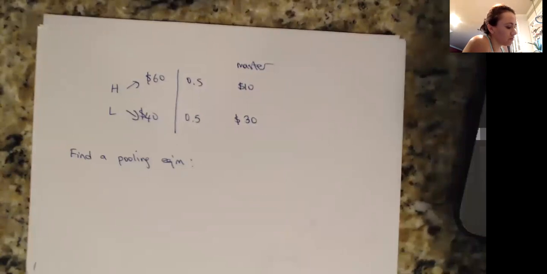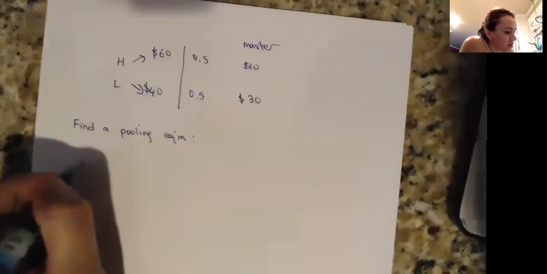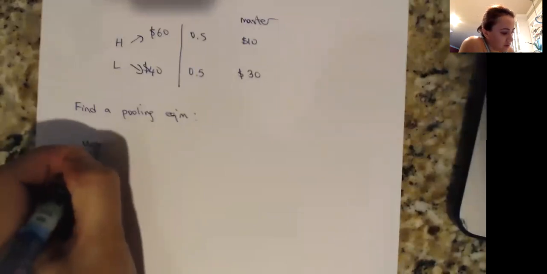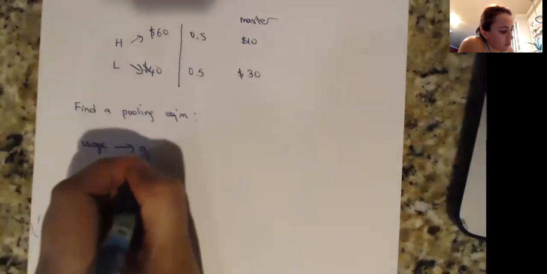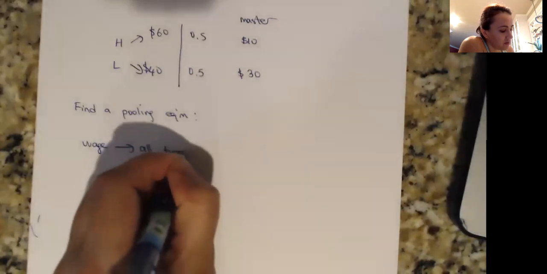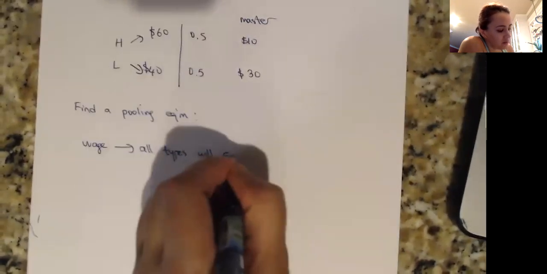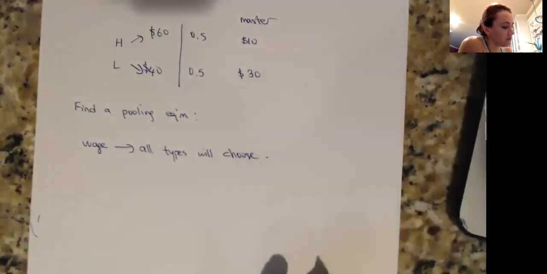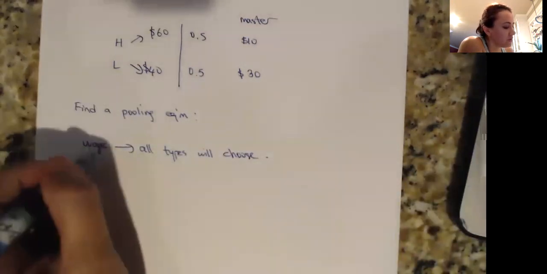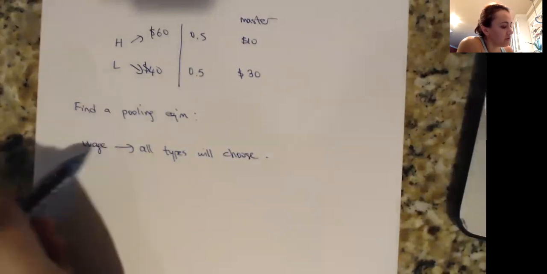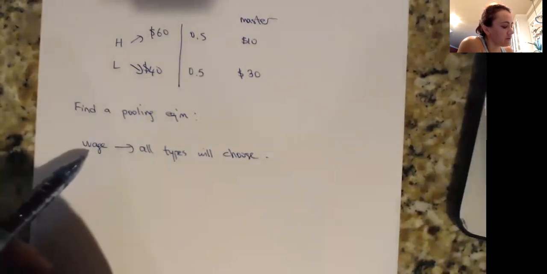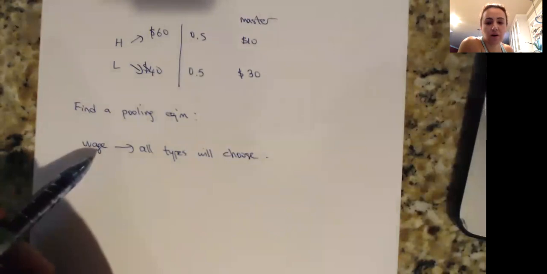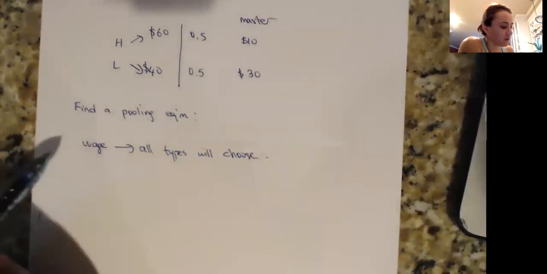A pooling equilibrium is you are going to offer a wage rate, and all types will choose this wage rate. In other words, when you see the workers' choices, you won't be able to tell who is high type and who is low type.